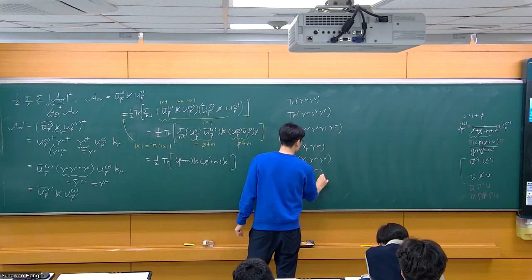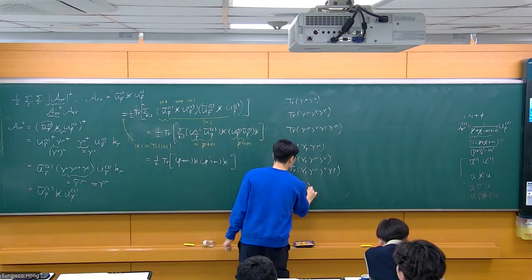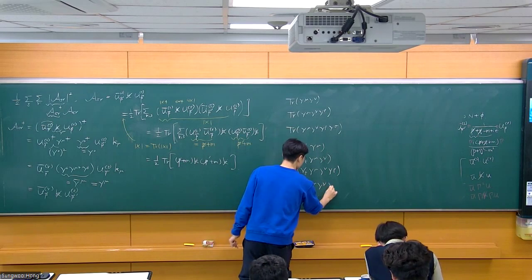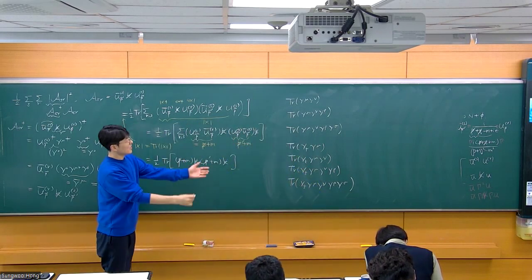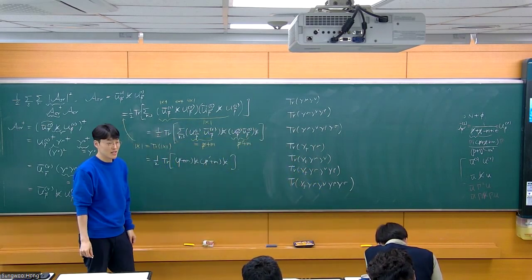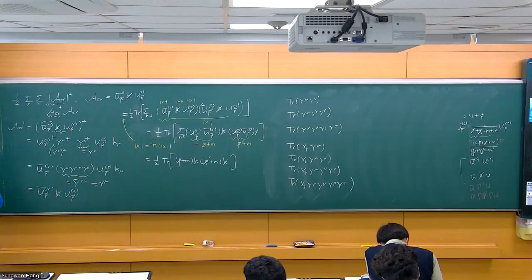Gamma 5, gamma nu, gamma mu, gamma rho, sigma, right? So it's clear that you want to know these identities. So, do I want to write down the answer?